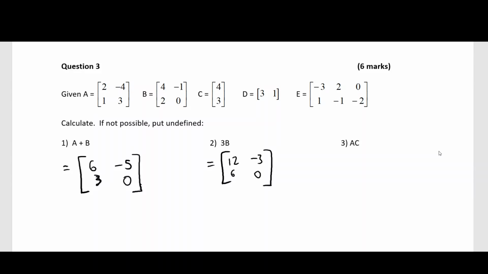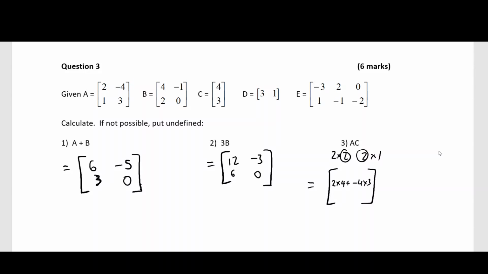A times C. So here we've got A. It's a 2 by 2 multiplied by a 2 by 1. So it's possible because these two numbers are the same. The number of columns in the first equals the number of rows in the second. So we're going to have left over a 2 by 1. Rows by columns. So it's 2 times 4 plus -4 times 3.